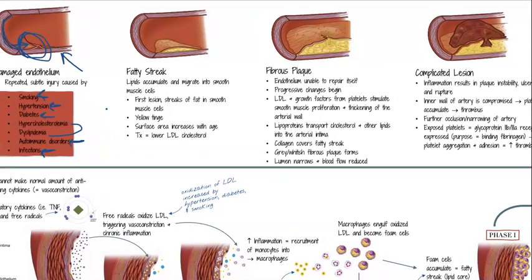So what happens after that? You have your second, or really to me, this is like your first stage, this fatty streak that's building up. So what happens is you have all these lipids, we'll talk about where they come from, that accumulate there in the muscle of the wall of the artery.